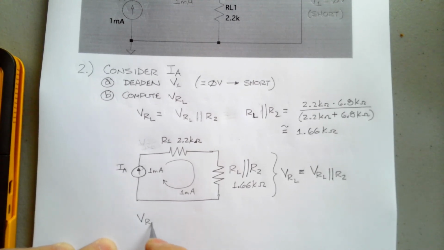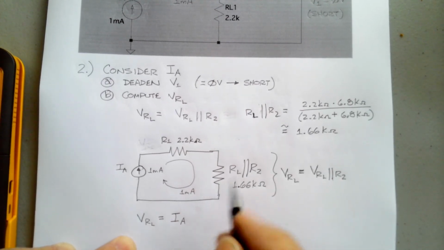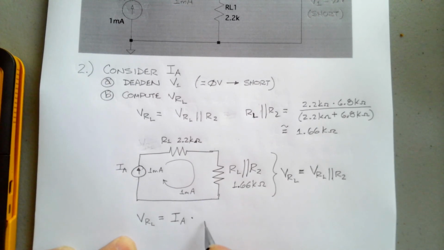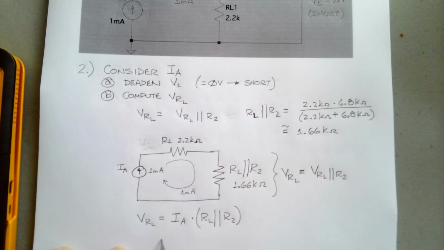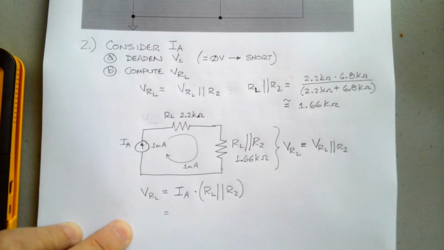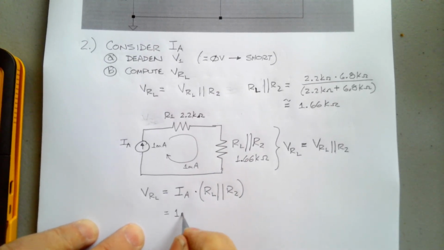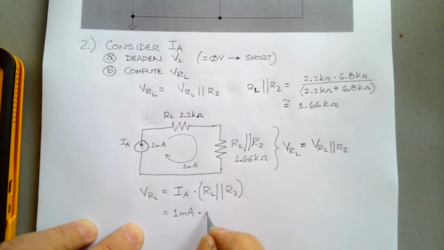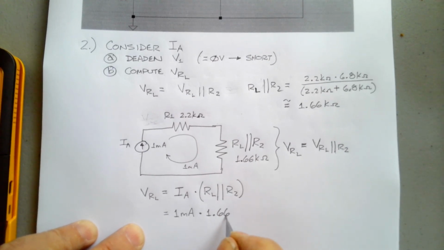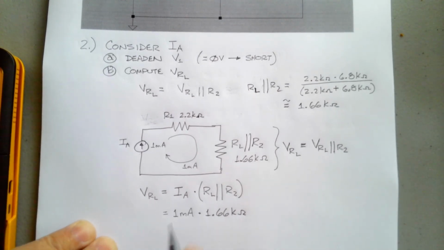Therefore VRL is equal to IA, this current that's flowing, times RL in parallel with R2, and so that's equal to 1 milliampere times 1.66 K ohms.